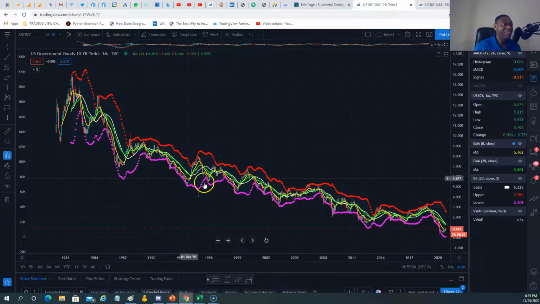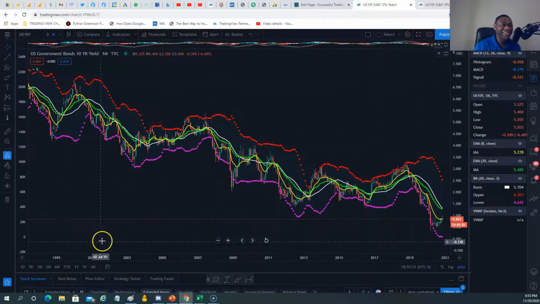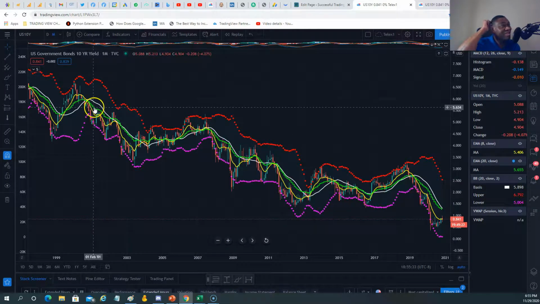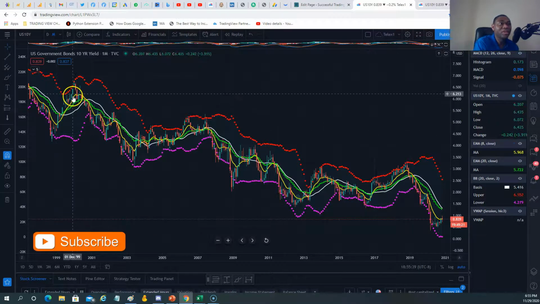And as time has been passing, let's start in the 2000s. It was still interesting. How much here? This is in percentage. The yield was about 5 to 6%. And look what has happened. This is monthly. So recently, as of now, we are in 2020, this yield is less than 1%.